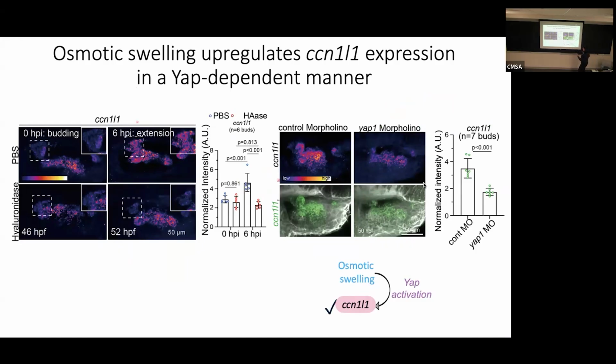Yes, indeed. If we remove this node, if we remove osmotic swelling, in controls you see that the expression of CCN1L1 increases, but when we digest ECM, this expression fails to increase. If we downregulate YAP, the expression of CCN1L1 is also reduced significantly.